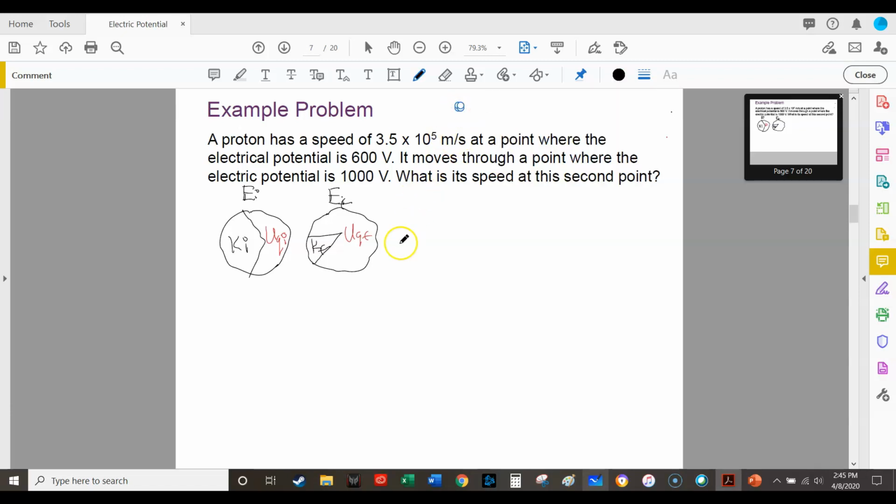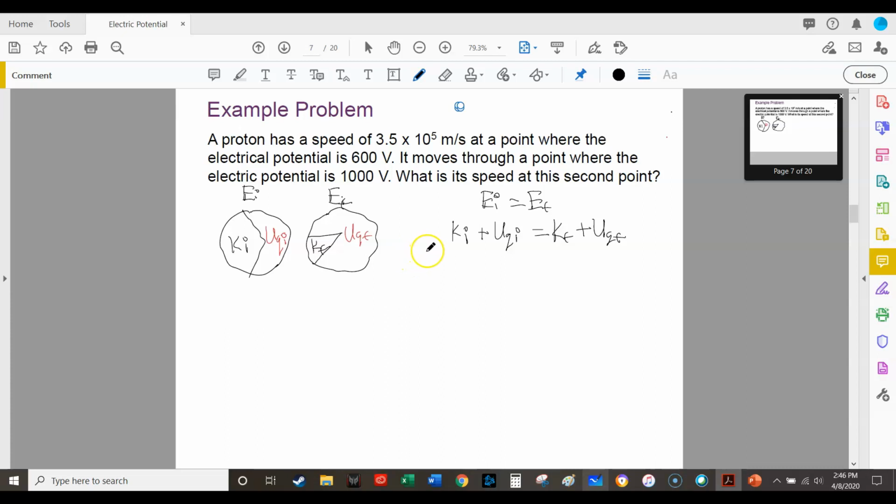Well, now let's create some equations from this. Start off with the conservation of energy. Now we're going to go ahead and input the energies that we see in our initial pie chart. Ki plus U sub Qi equals Kf plus U sub Qf. Right?